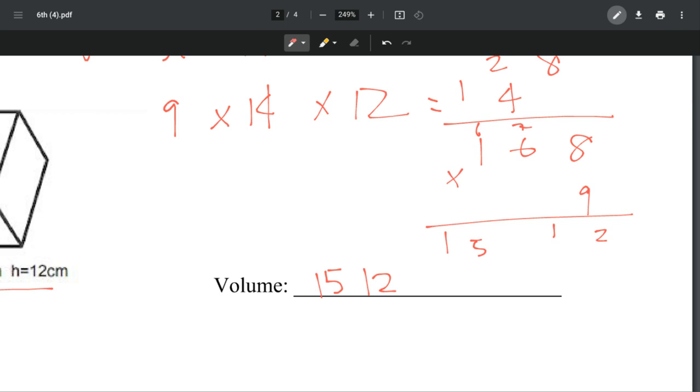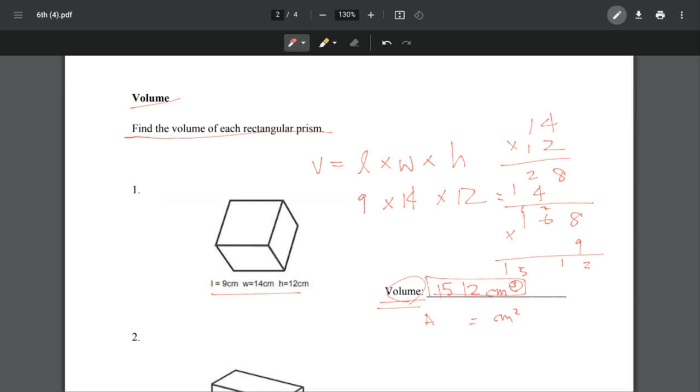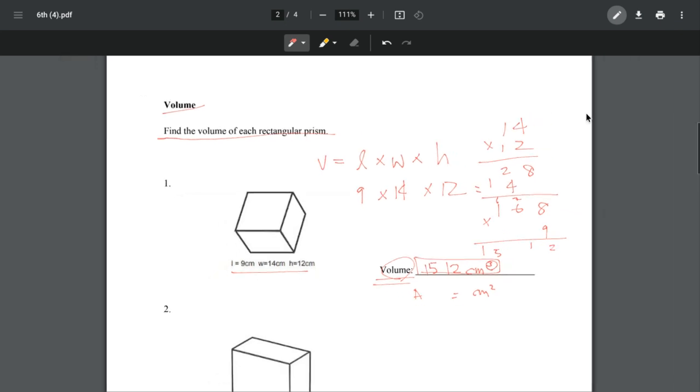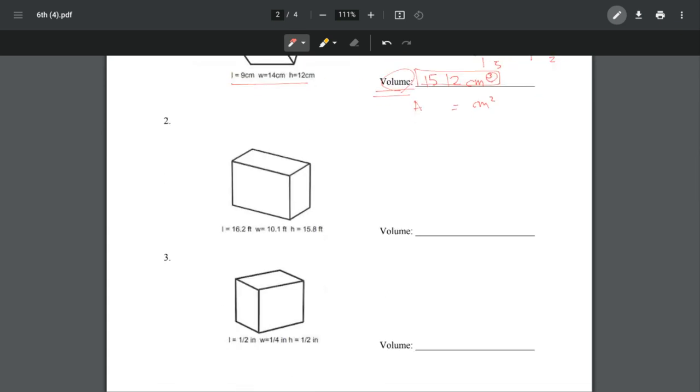Don't forget about the units, which is centimeter cubed. Centimeter squared would be for areas, right? Since we found the volume, you gotta put cubed. Okay? So again, use the formula to solve number 2 and 3.